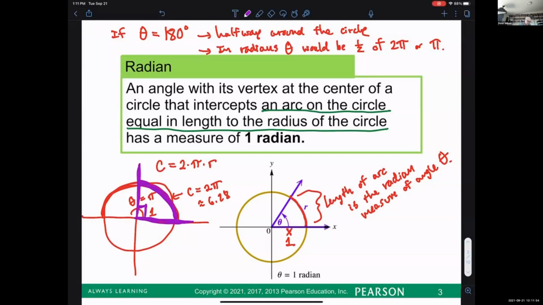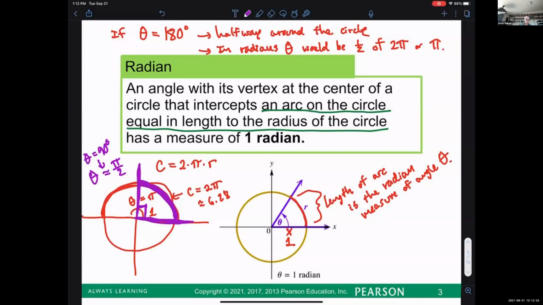So then the angle for a right angle would be 1/2 of pi, or we refer to that as pi over 2. So 1/4 of the way around a circle, on a unit circle, the arc length would be pi divided by 2. So that's the name of that angle. So 90 degrees is the same as pi over 2 in radians.